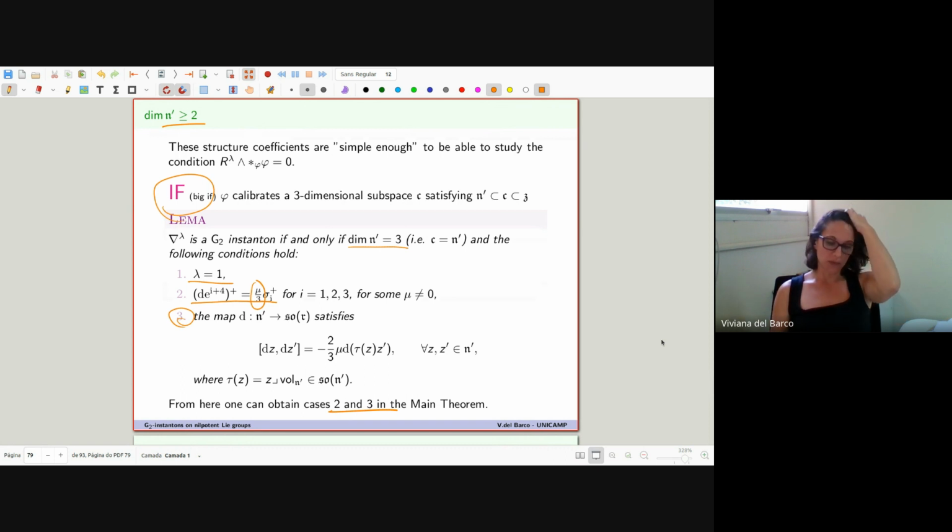If n prime is of dimension 3, then there are G2 structures which do not calibrate any three-dimensional space C. What we prove is that if the G2 structure defines an instanton, then it has to calibrate a subspace, n prime actually. So that's how we got rid of this big if.